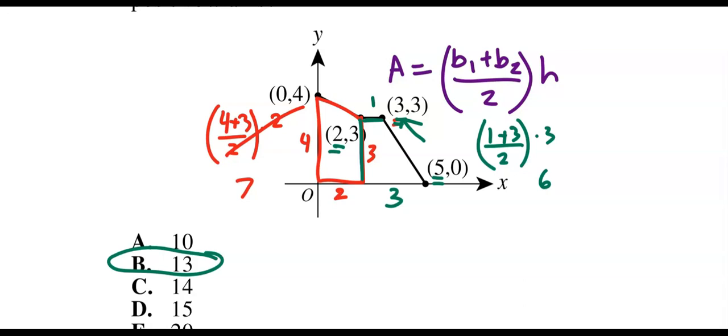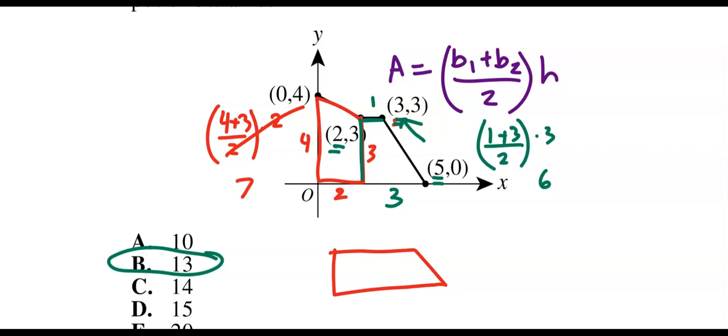Now, did I lose you on the trapezoid idea? Anybody? Yeah, I did. Okay. So the red one here, I'm going to lay it down like this. So the red one is kind of like that.